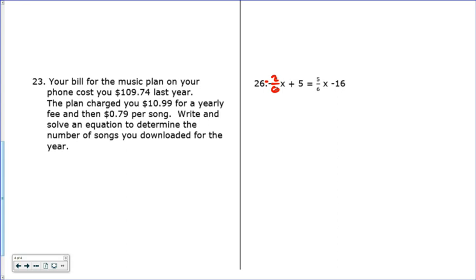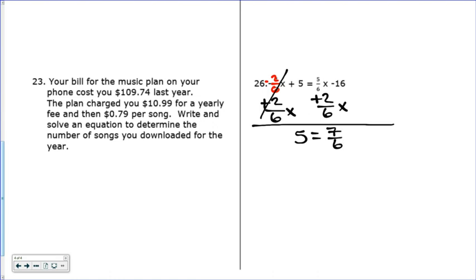Now, solving, and you're going to solve it exactly like you were with decimals and whole numbers. Okay, so I'm going to move my variables to one side. I'm going to move a positive 2/6 x to both sides. That way I still have that positive variable. These cancel. 5/6 plus 2/6 is 7/6 minus 1/6.